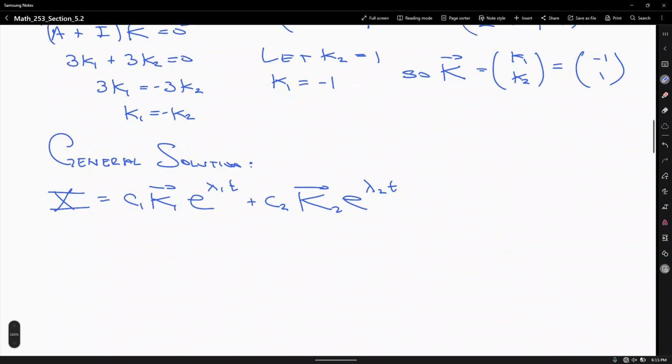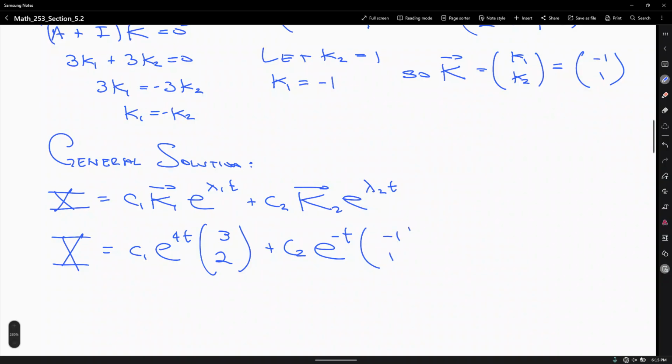And I think we already have everything, don't we? So x equals C1, whatever that is, we don't care for now. What's K1? Didn't we get 3, 2? So e to the lambda 1, which is e to the 4t times 3, 2, plus C2 e to the negative t times negative 1, 1. All right? And guys, that's the result in vector form.